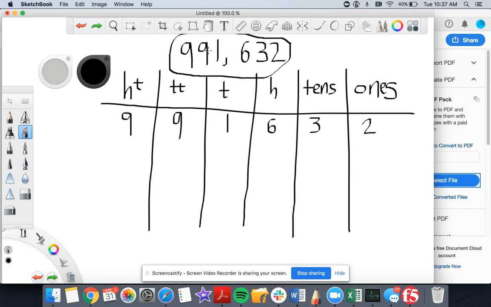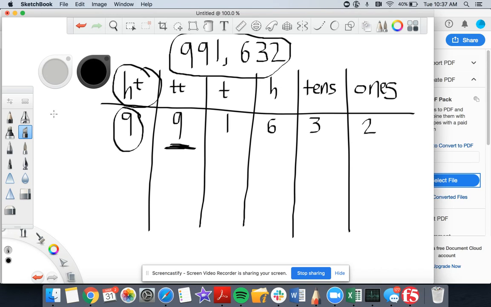Okay, let's do one more example. Let's say this time I want to round to the 100,000th place. Well, you guessed it. We would circle the number in the 100,000th place, and we would underline the number in the 10,000th place. Okay, so we're going to look at this number in the 10,000th place. We're looking at this 9.